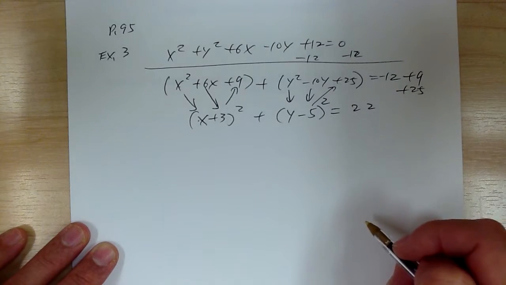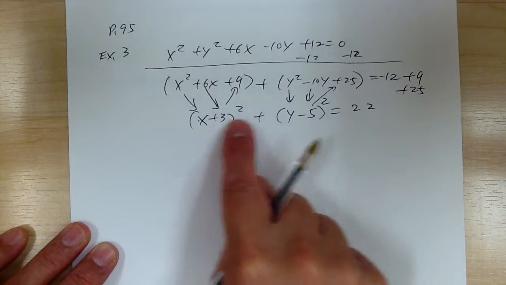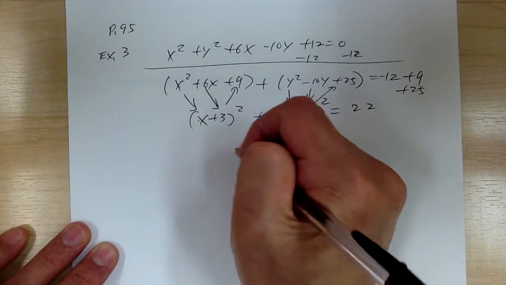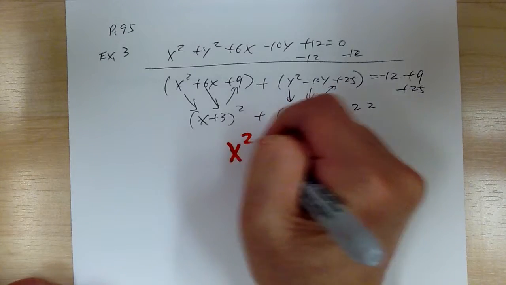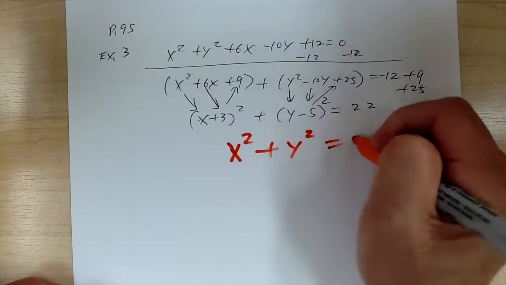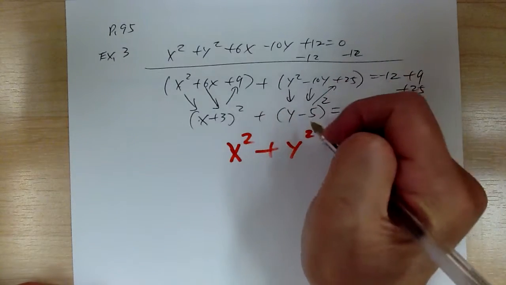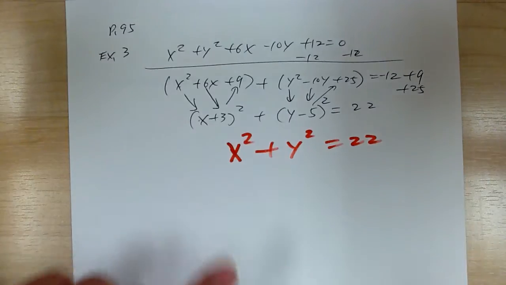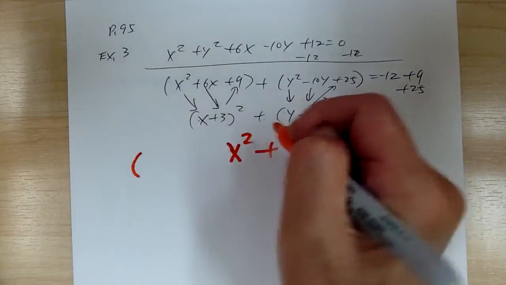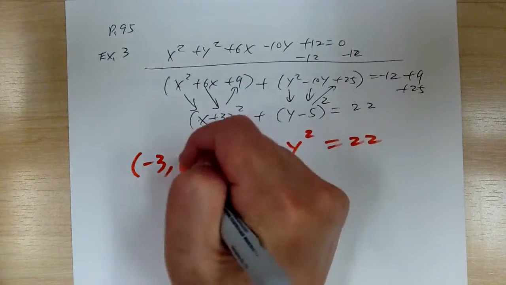So in order to get rid of the first degree terms, you want to make this into x squared plus y squared equal to 22. And the point that you need to move the origin to, you take the opposite, so negative 3 and 5.